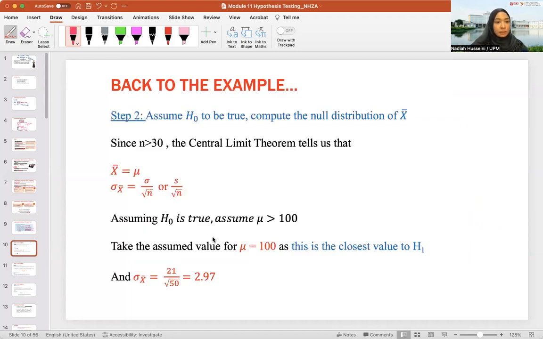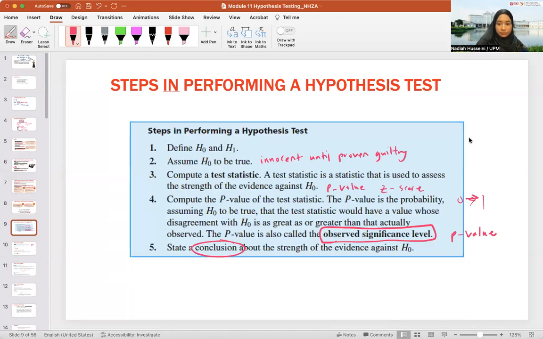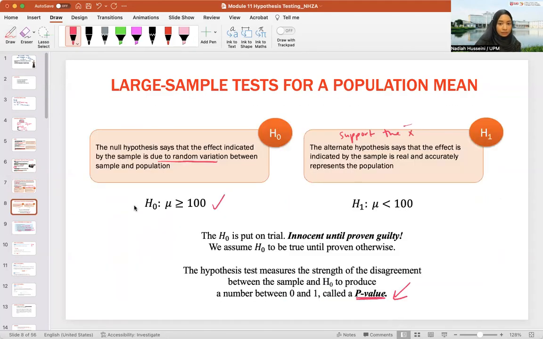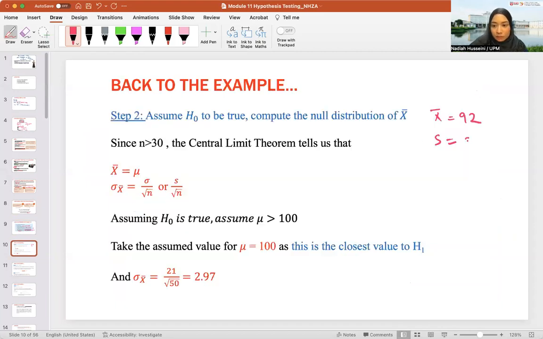Okay, so back to the example just now. In step 2, we are going to assume H0 to be true and compute the null distribution of the sample. Remember our sample mean was 92 and we had a sample standard deviation of, what was it just now? 21, okay, 21 milligrams per second. Since our sample follows the central limit theorem, the standard deviation of the sample mean follows this.